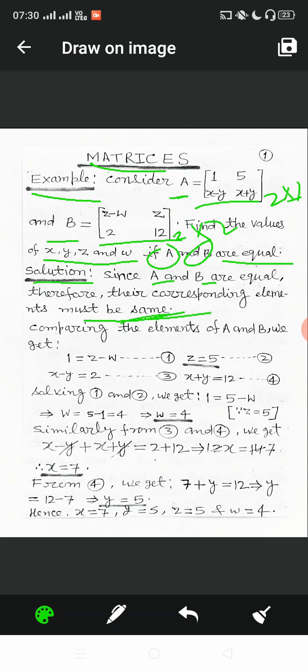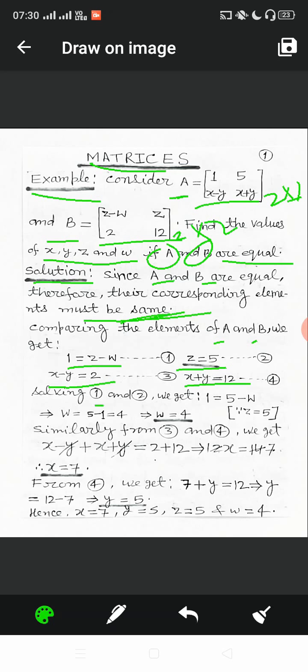Therefore, comparing the elements of A and B, we get: number 1, 1 is equal to z minus w. Number 2, z is equal to 5. Number 3, x minus y is equal to 2. And number 4, x plus y is equal to 12.